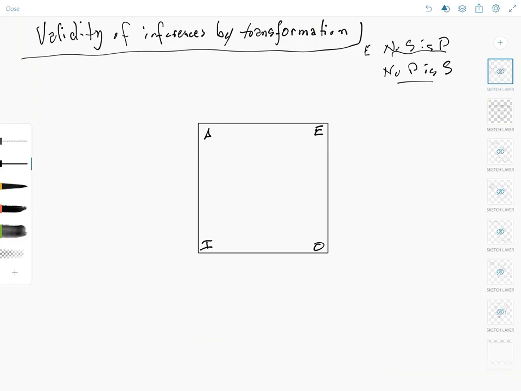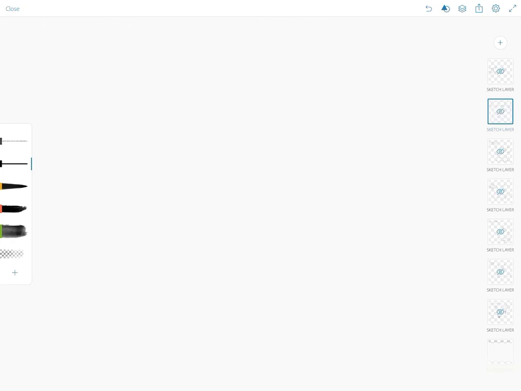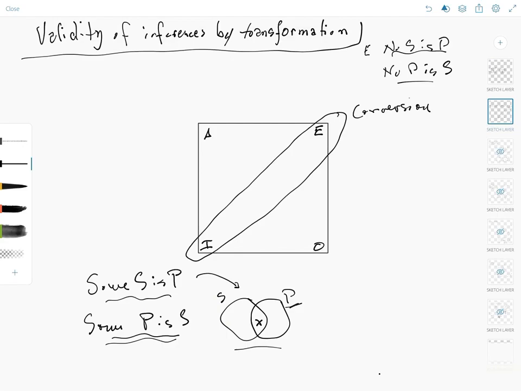So what we can say about that, going back to this, is that conversion is valid for E's and I's. But it's not valid for A's and O's. And we've already seen why that is. Let's go ahead and put this up.